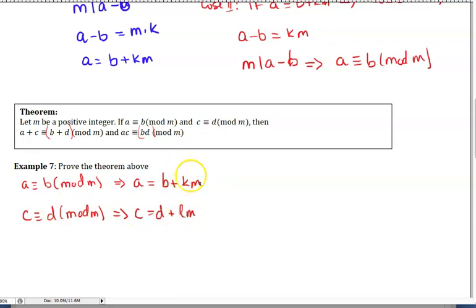All right, if I want to prove the sum, we're going to add these together. So we have a plus c is b plus d plus km plus lm. If I simplify this, a plus c is b plus d plus k plus l times m.